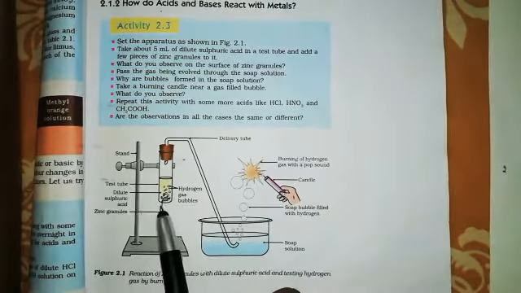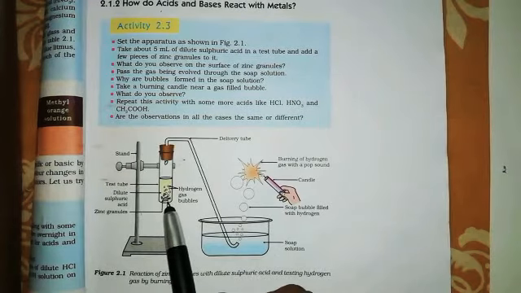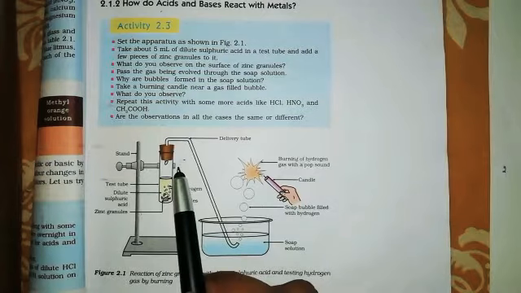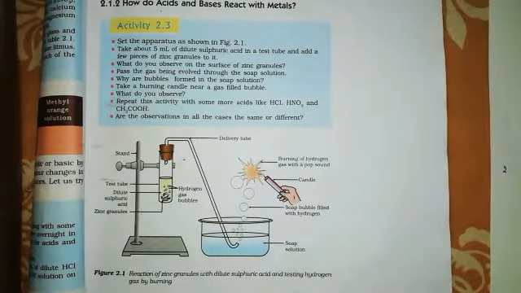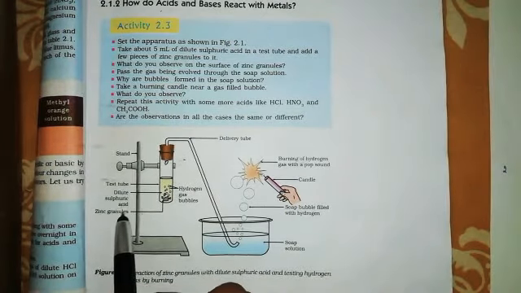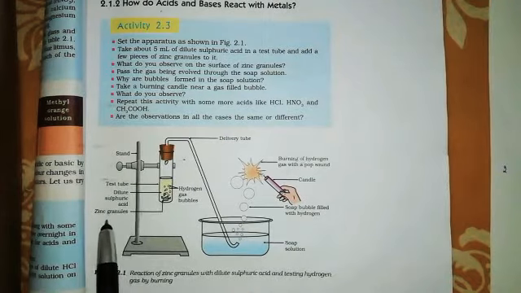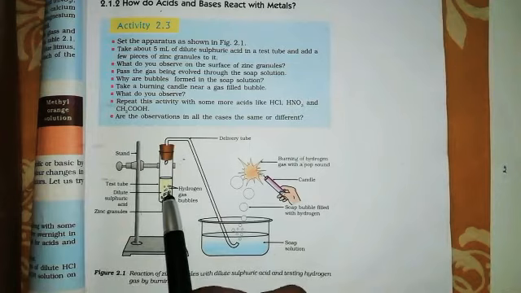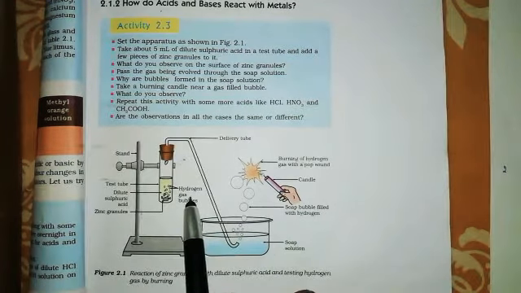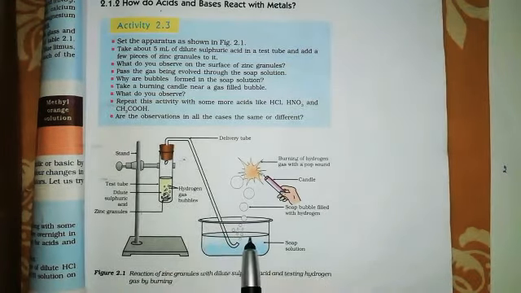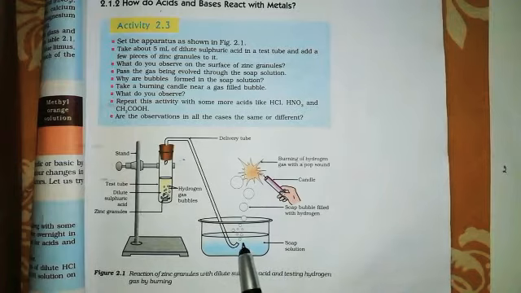Inside, they put some zinc metal and also added some acid, dilute sulfuric acid, and zinc granules. Immediately you can see bubbles coming out, and these are hydrogen gas, and it passes into the soap solution. Why have they kept soap solution? Because with soap solution you can easily identify the gas that is coming out.